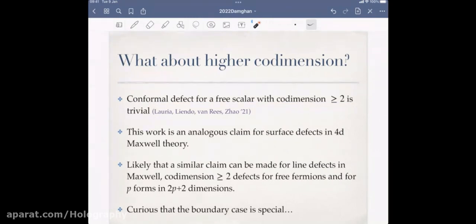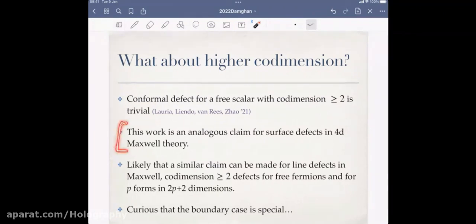So we have a result from a year ago, from the same group who did the minimal model example I talked about a few minutes ago, where they proved that if you have a free scalar in the bulk and a defect with codimension greater than or equal to 2, so precisely not the boundary case, it has to be trivial, in exactly the same sense that I'm going to argue this conformal surface defect is trivial for Maxwell theory.